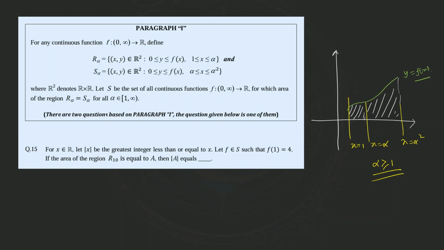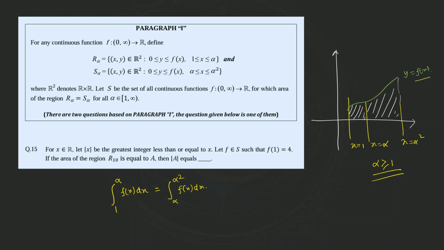So we are told that for this function f, R alpha and S alpha have the same area. That means, as f(x) is a positive function, we can directly integrate. So integral from 1 to alpha of f(x) dx is equal to integral from alpha to alpha square of f(x) dx. It is actually an equation in alpha.